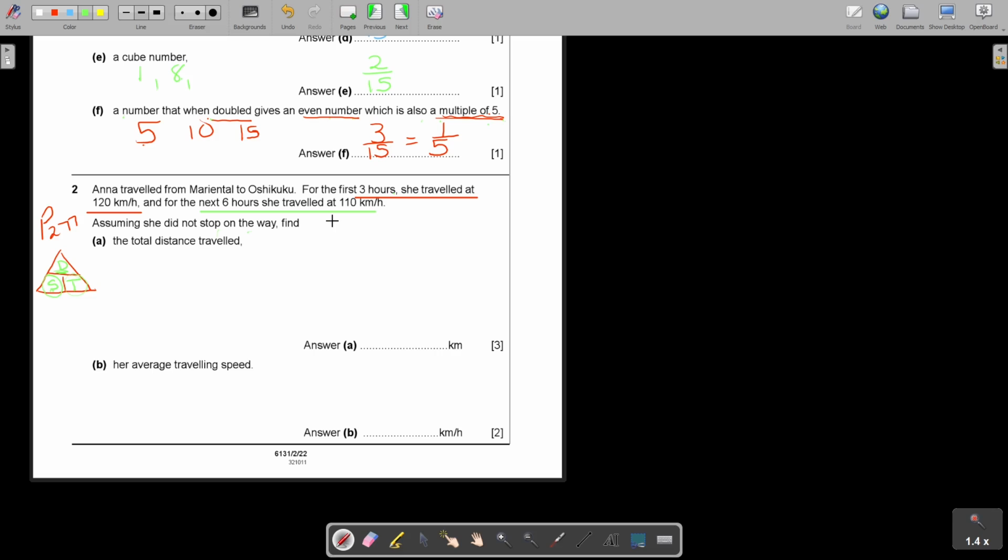Okay, so let's just start with the red. So I can say the distance, 3 hours. I could have said first 3 hours, but it's not necessary. Don't forget that distance is equal to speed multiplied by time. So what is the speed? It's 120 kilometers per hour.